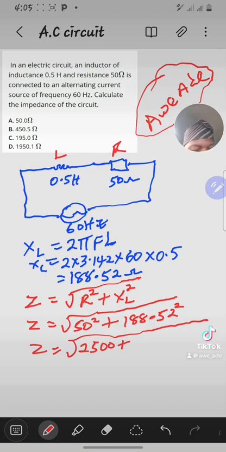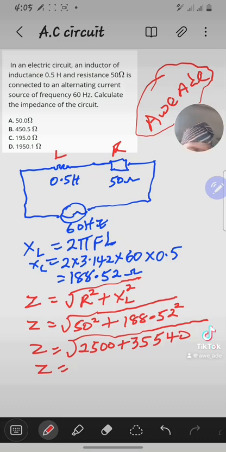I have 35,540 approximately, to the nearest whole number.